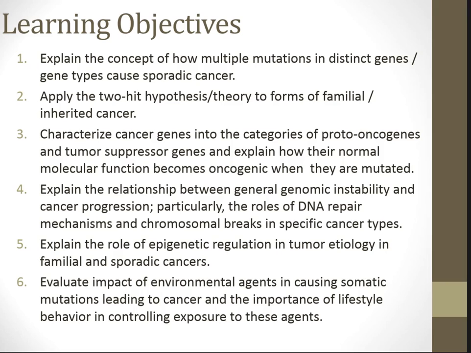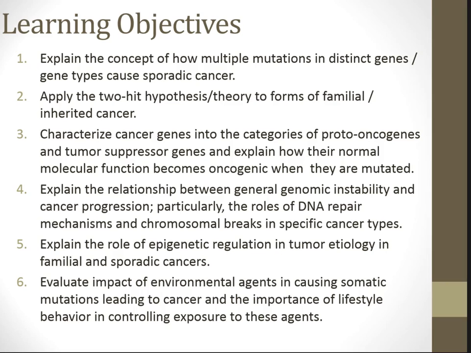Listed here are the learning objectives, which include explaining the concept of how multiple mutations in distinct genes and gene types cause sporadic mutation. We'll apply the two-hit hypothesis or theory to specific forms of familial or inherited cancer.